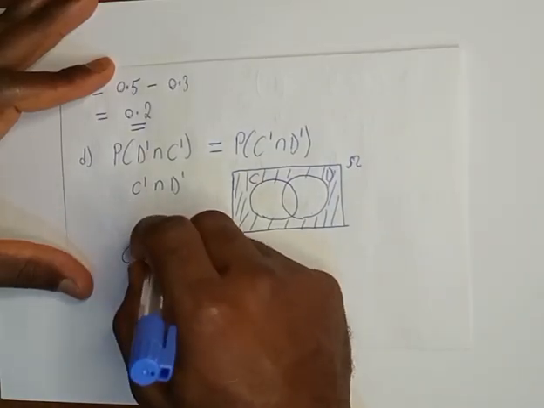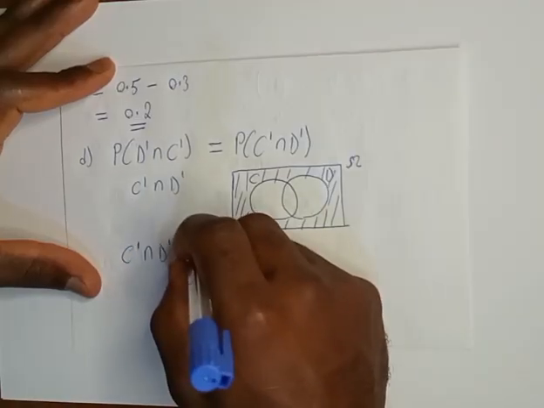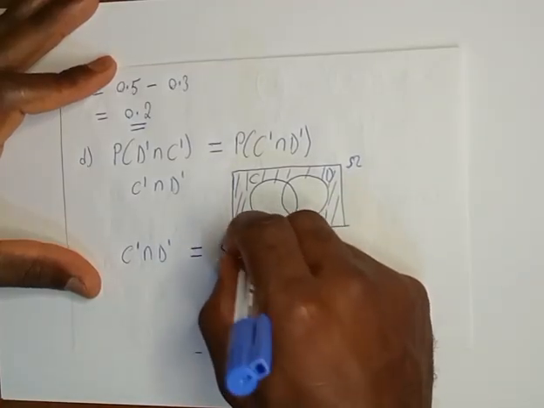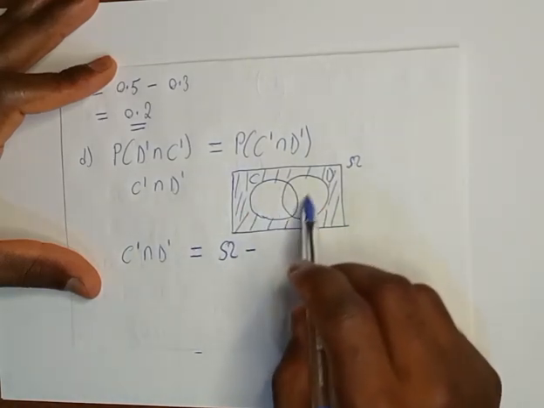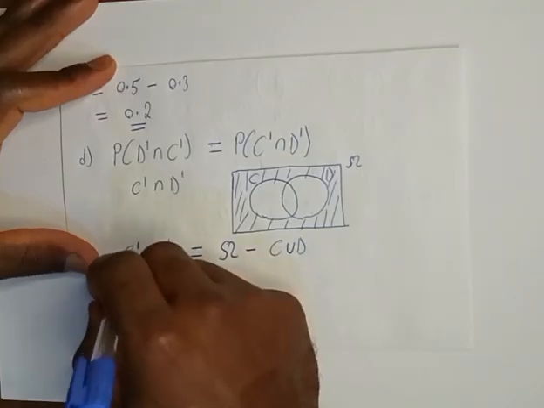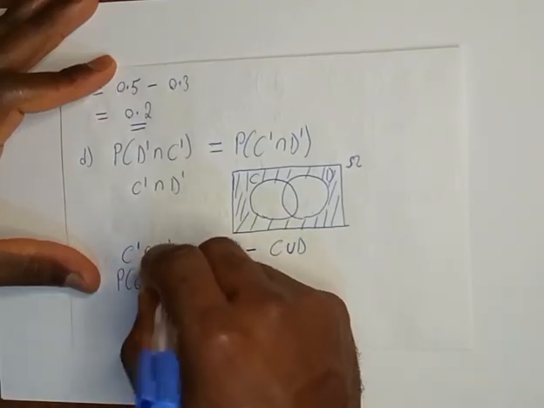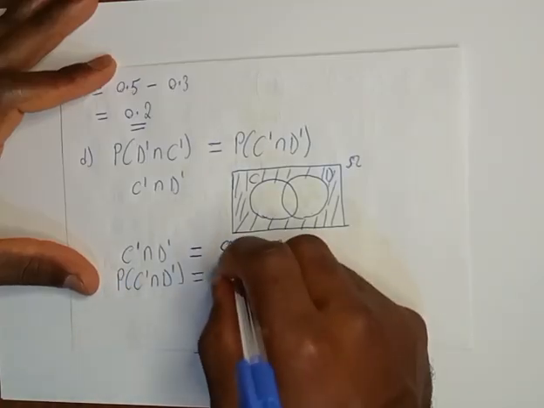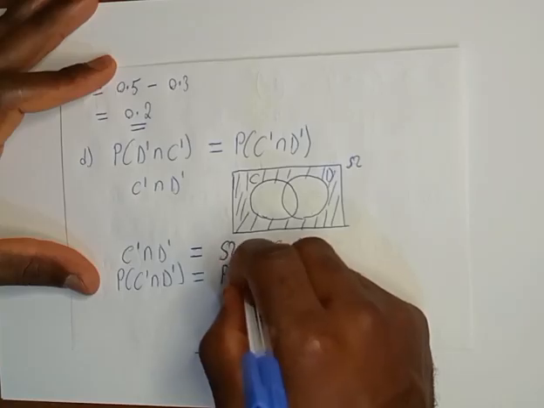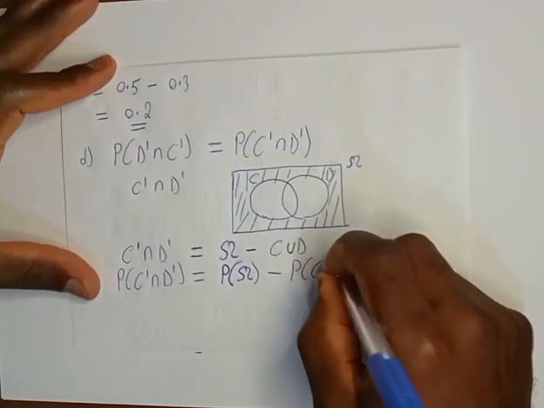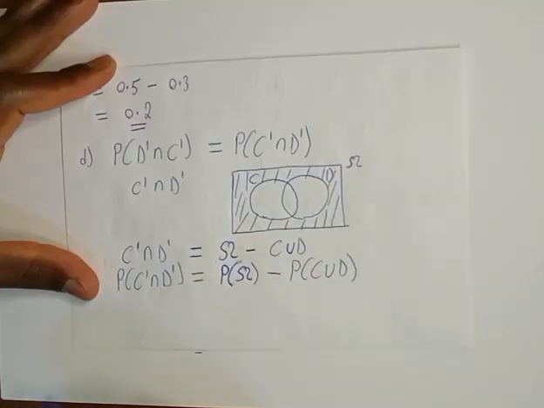C prime intersection D prime is simply equal to, take the universal set, the sample space, minus this unshaded portion, which is simply C union D. It simply means if we take the probability of C prime intersection D prime, it will simply be equal to the probability of the entire sample space minus the probability of C union D. The probability of the entire sample space is simply equal to 1.